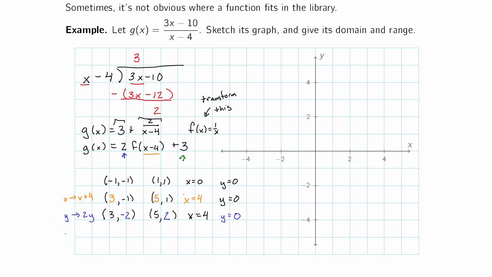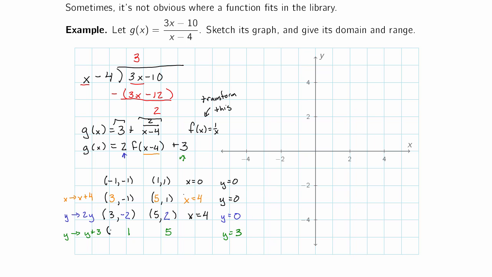So we have y replaced by y plus 3. Negative 2 plus 3 is 1. Positive 2 plus 3 is 5. Not touching the x's. 0 plus 3 is 3.